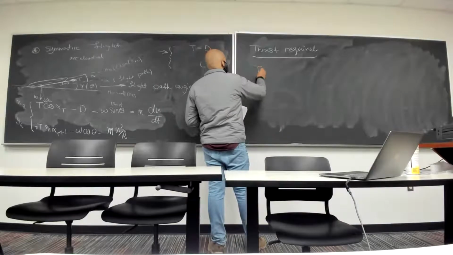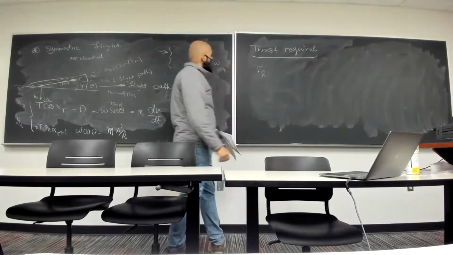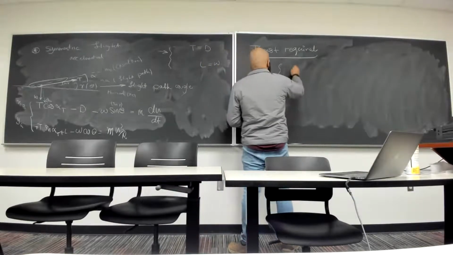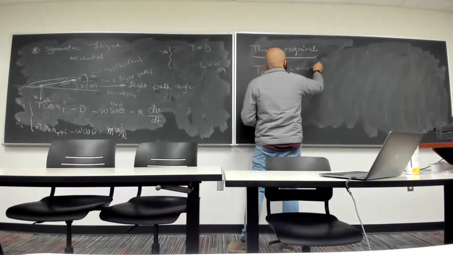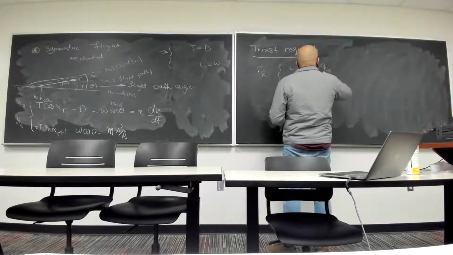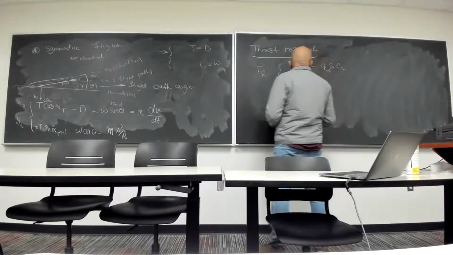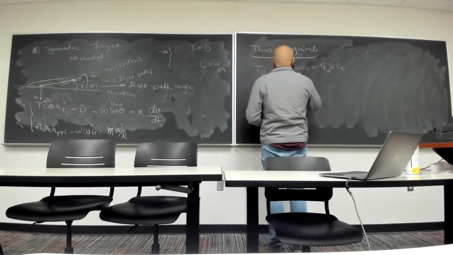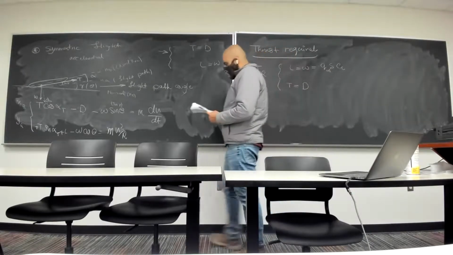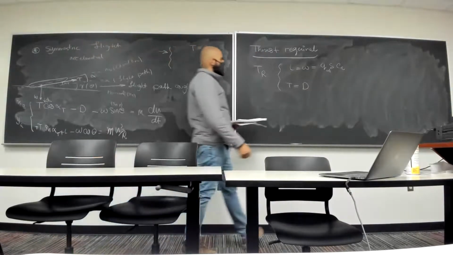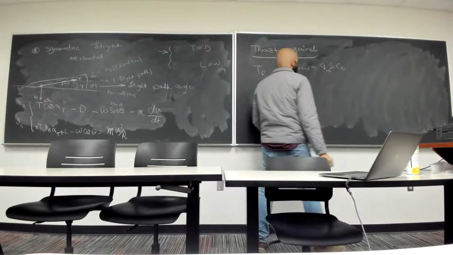We use TR for thrust required. If you write your equation of motion for a level flight, L equals W, and we remember from the definition of lift coefficient, L equals Q S CL. And then your thrust equals drag, which equals Q infinity S CD.